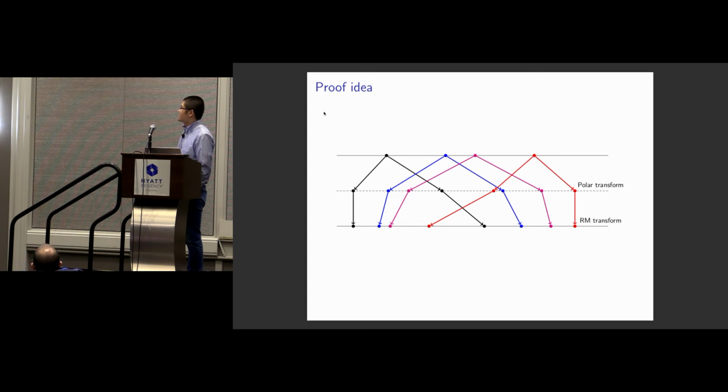So there is always a gap between these two children. What we can show for Reed-Muller codes is that, in fact, the Reed-Muller transform will only make this gap larger. It will only make the smaller one even smaller, and the larger one even larger, right?